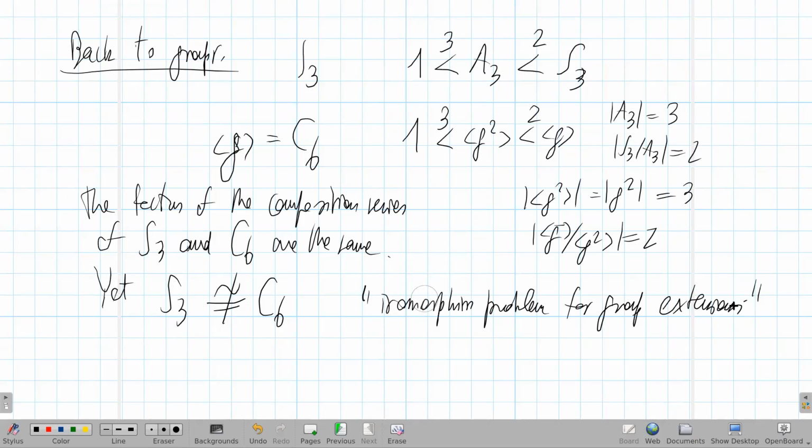Which means, just a short mention, if you know the composition factors, what about the group?